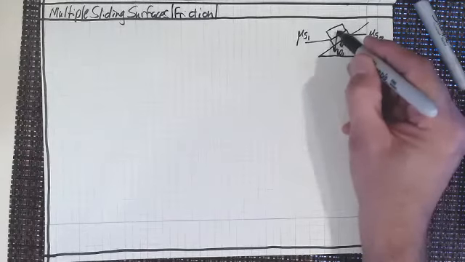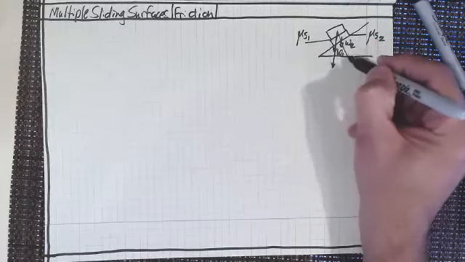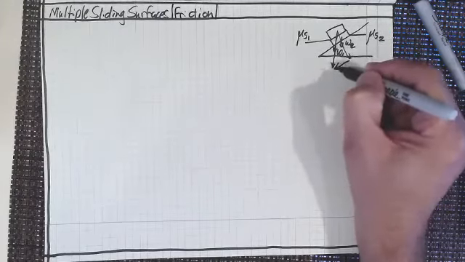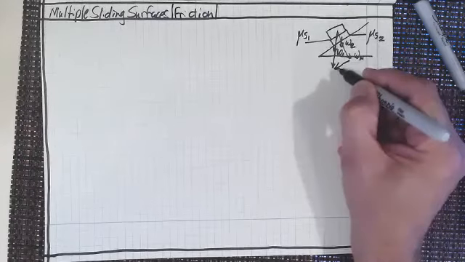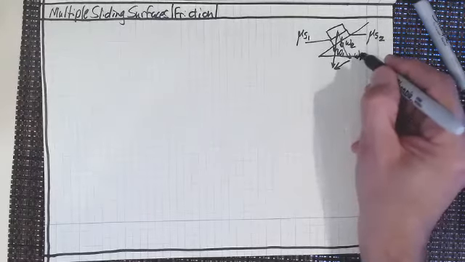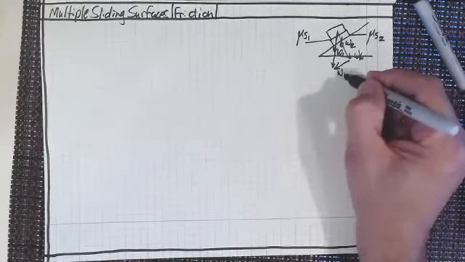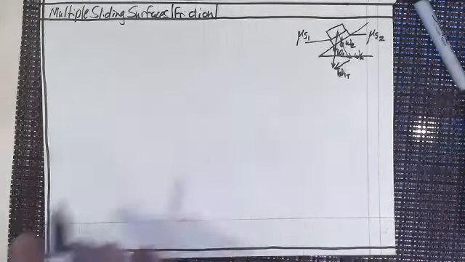I'll draw this W1 a little bit longer so that I can show the components in the normal direction, W1 sub N and W1 sub T. We can do exactly the same thing for W2.